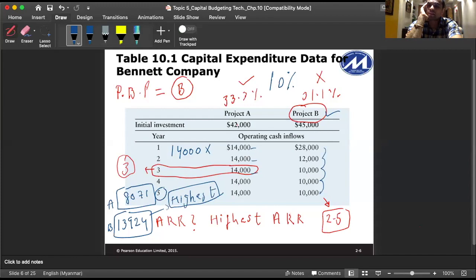Did you find it? Say something, yes or no, or are you still looking for the value? Time is 5, period is 5, and rate is 10%. Find the value and give me the value.